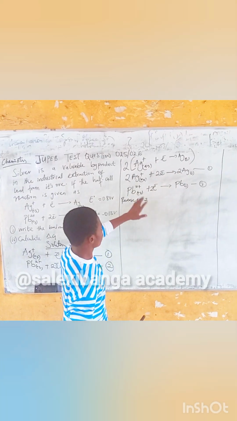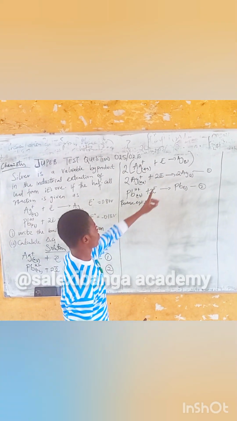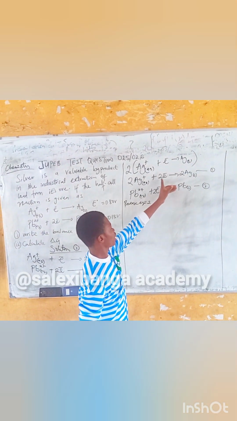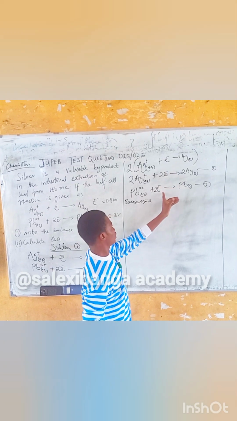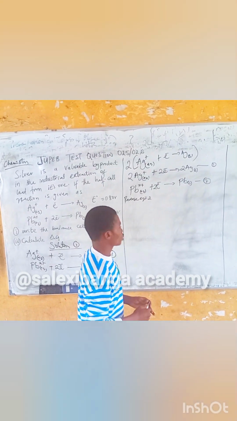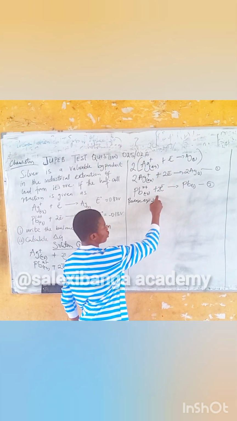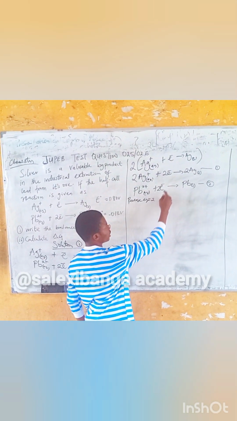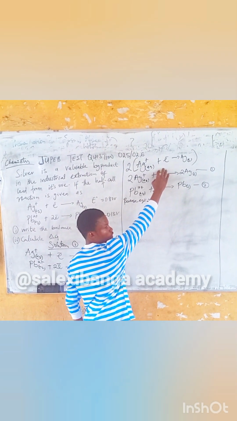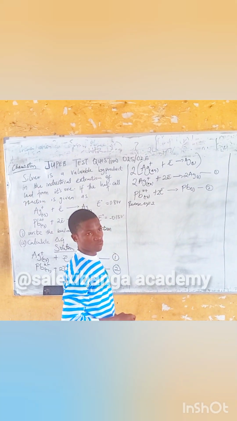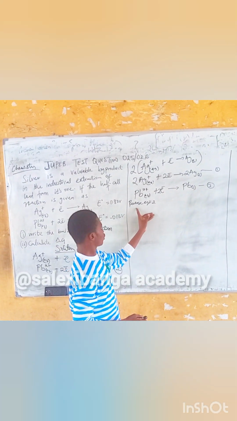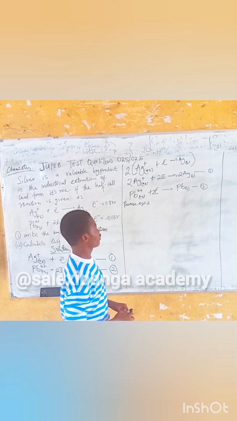So we now compare equation 2 with equation 1. The electrons are the same, but you can't cancel them out because the electrons in equation 2 are on the reactant side, and the same thing is applicable to equation 1. So we need to reverse equation 2.